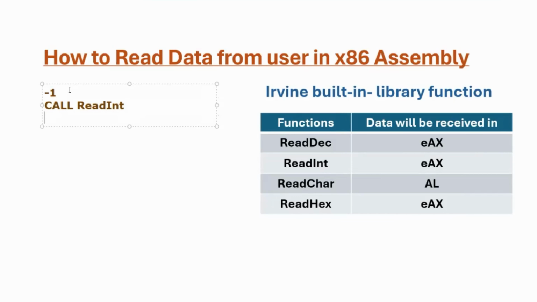And as a result, where will this result go? It should be stored in EAX, the extended accumulator: -1. So as a result of this command, the value entered from the user will be stored in the extended accumulator.